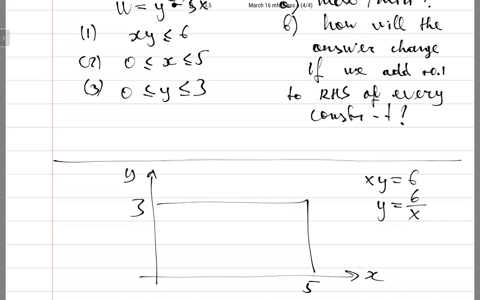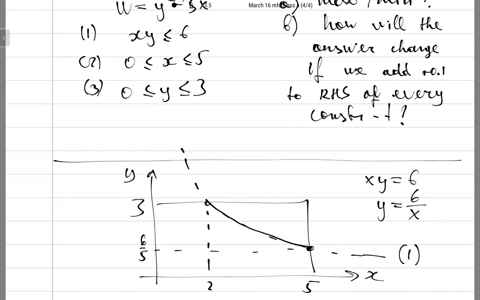So the first curve goes something like that. Here I have 6/5, here I have exactly 2. And this is curve number 1.